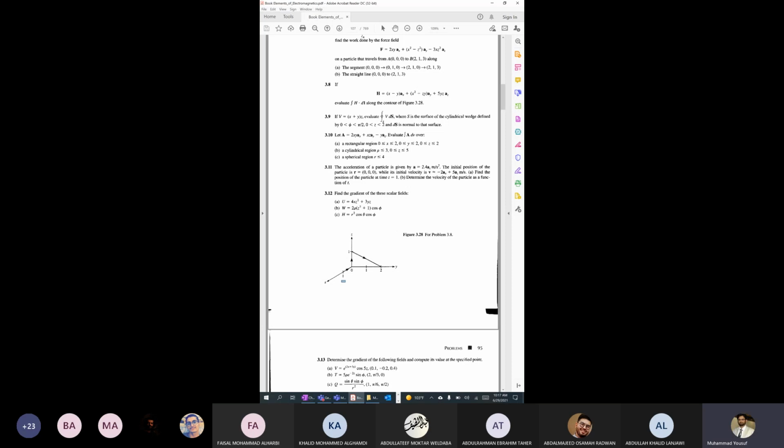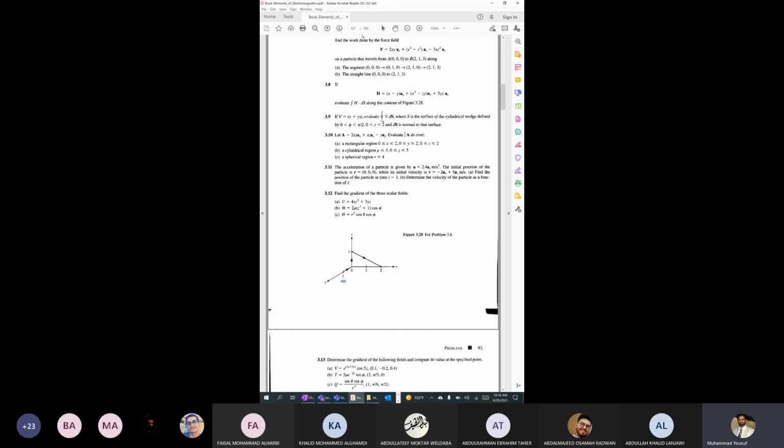Vector A and volume dV. dV is for the volume, and that is a scalar quantity. 2xy ax plus xz ay minus y az. Still, it is not clear to me what this is.